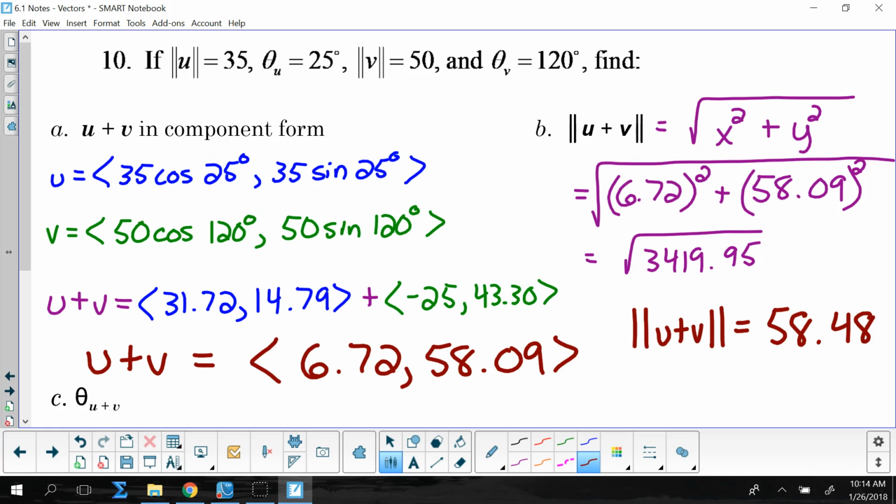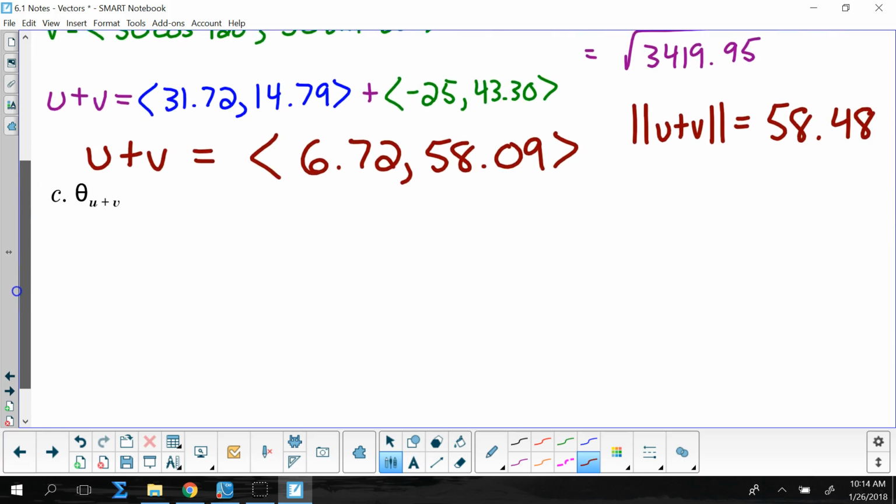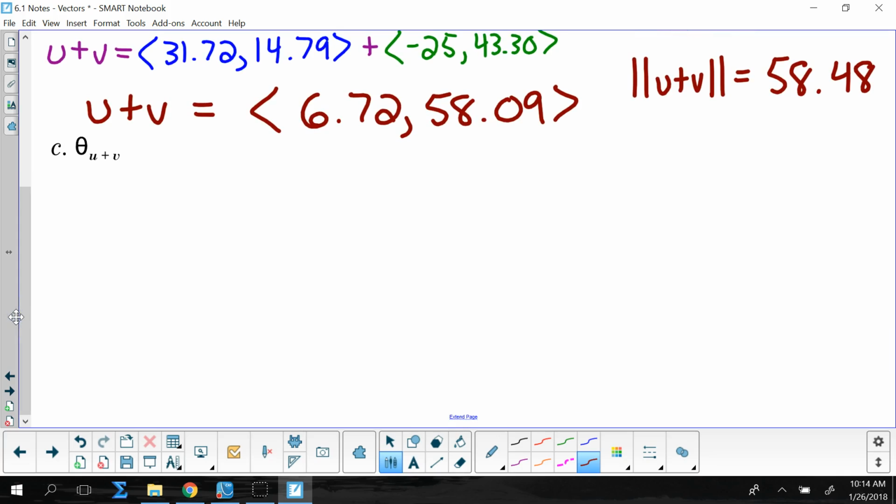Okay. Then it asked us to find u plus v's direction angle. Well, I first need to ask myself, which quadrant is u plus v in? Why quadrant 1, Sam? Positive, positive, so that's quadrant number 1. Okay?